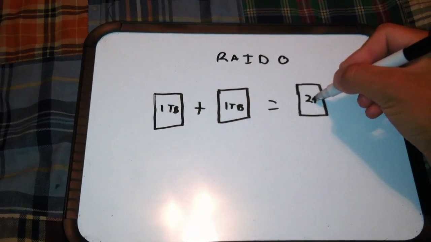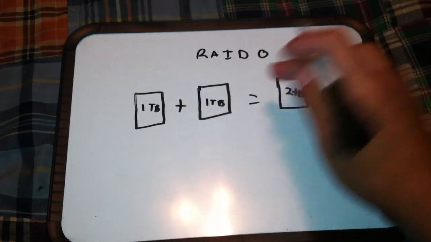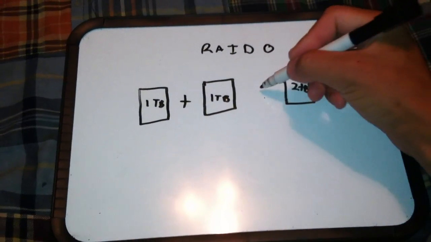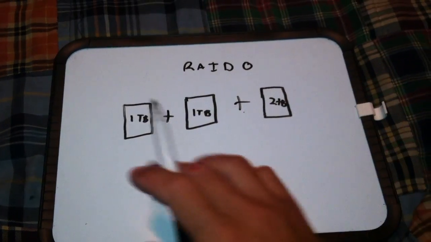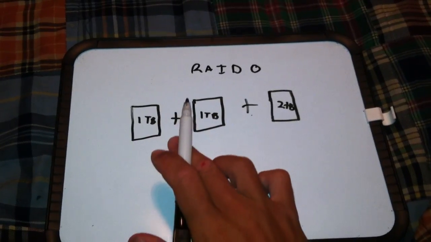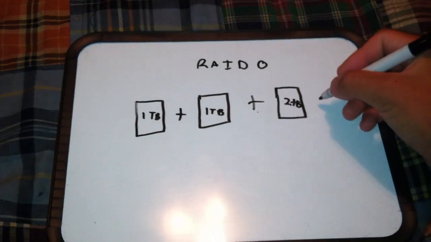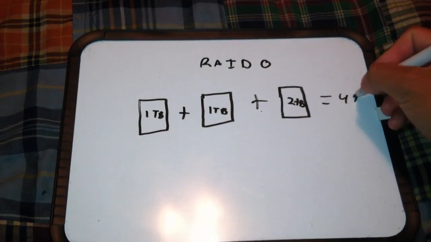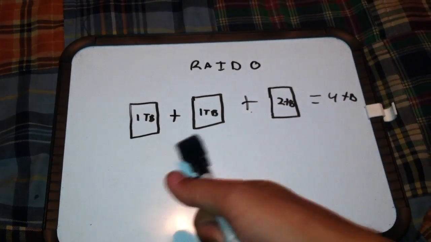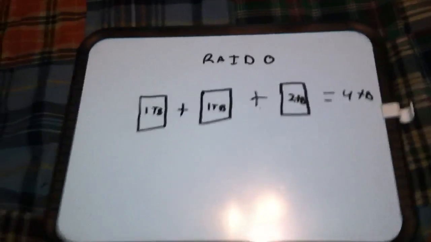And you can keep going if you wanted to. And in RAID 0, the drives can be whatever size. You can have 2 terabytes, and this would make 4 terabytes. So the drives can be different sizes, because you're just adding them together.